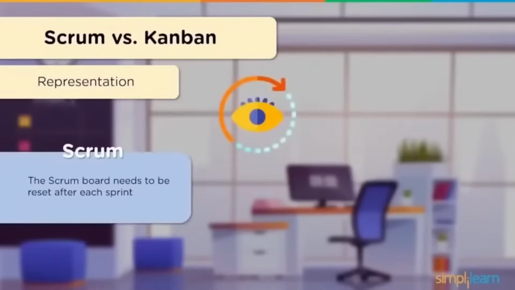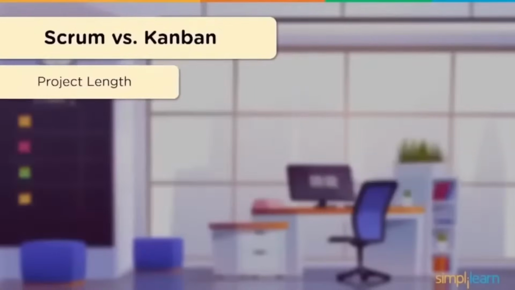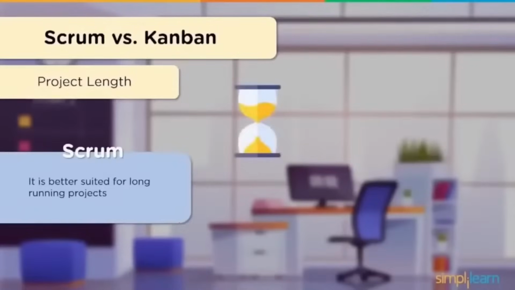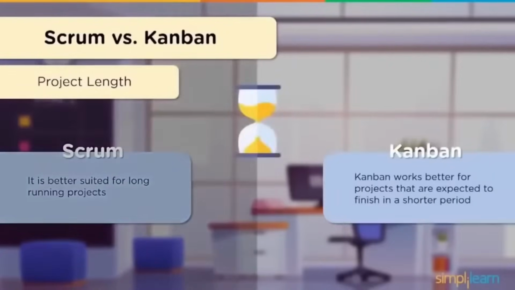With Scrum, the board needs to be reset once a particular sprint is complete. With Kanban, the board stays persistent throughout the entirety of the project. And finally, let's have a look at project length. With Scrum, it's better suited for longer projects. And with Kanban, projects that can be completed in a shorter period of time are better.